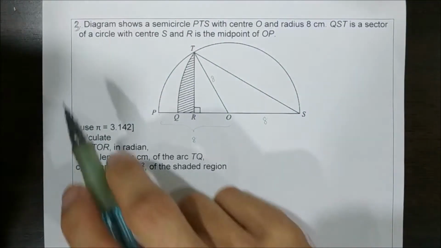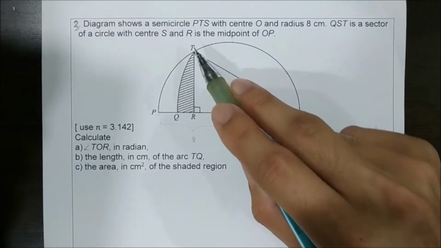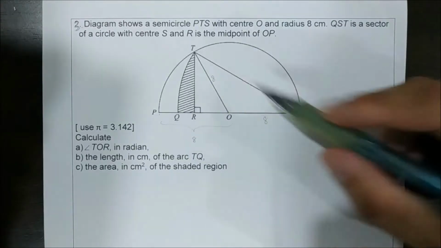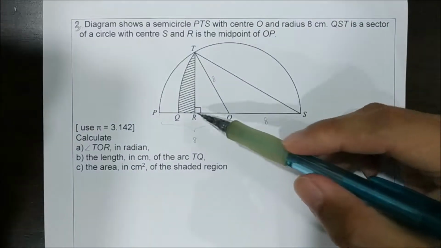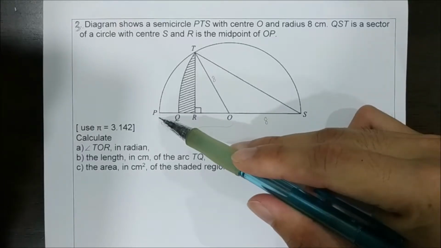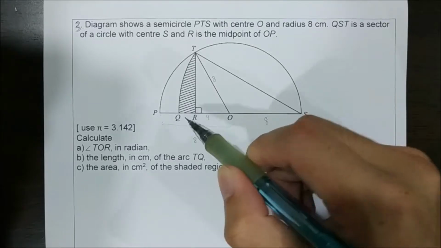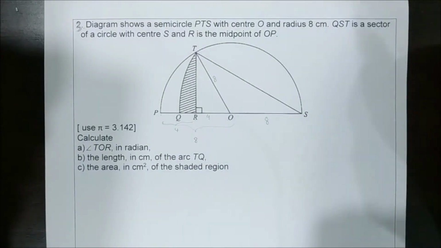QST is a sector of a circle, so here this is a sector with center S. And R is the midpoint of OP. Means here is 4, and from R to P here is 4.